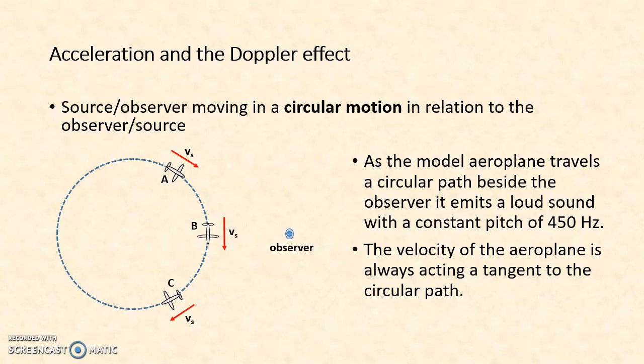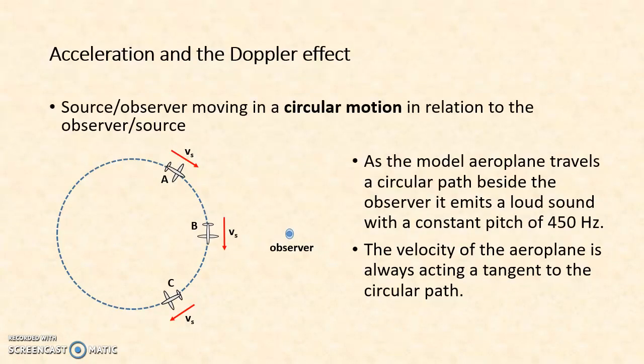In order to change the velocity, we need a force going towards the center. And because we have a force towards the center, this object with mass is accelerating towards the center, with a centripetal acceleration.